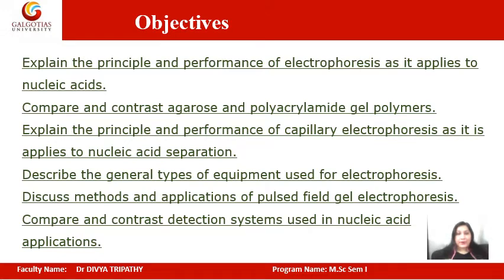You will be able to explain the principle and performance of capillary electrophoresis as it is applied to nucleic acid separation as well. You will be able to describe the general types of equipment used for electrophoresis, and at last you will be able to discuss method applications of pulsed field gel electrophoresis and to compare and contrast detection systems used in nucleic acid separation applications.